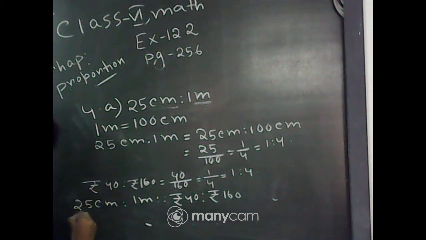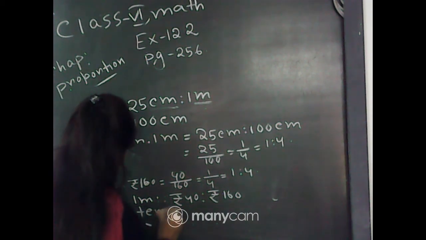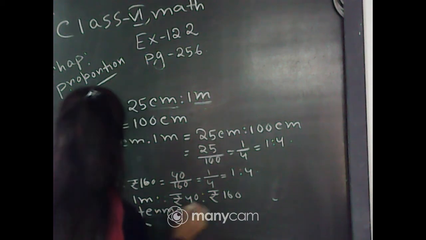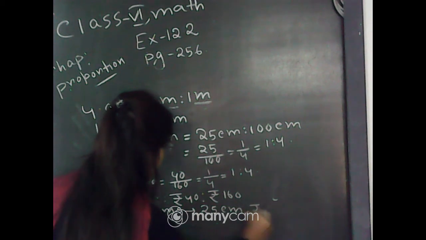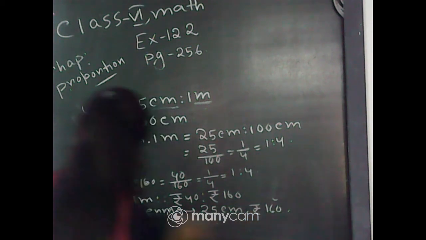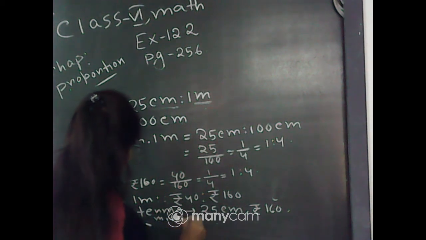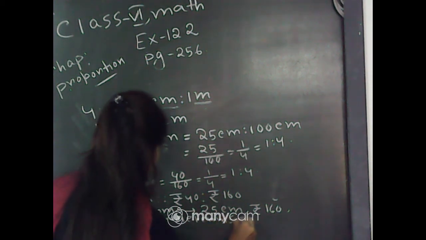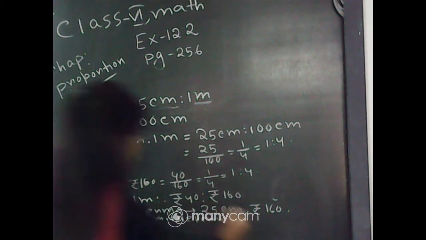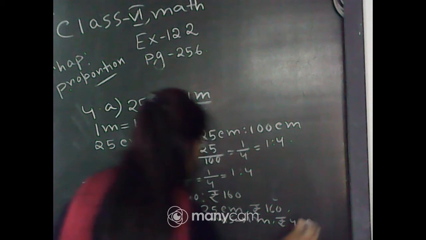So, extreme terms are 25 cm and rupees 160, and the middle terms are 1 meter and rupees 40, isn't it?